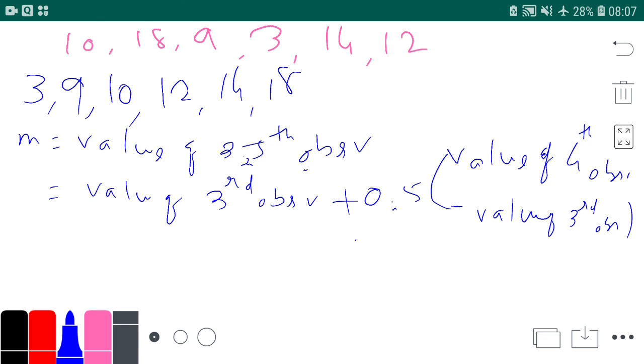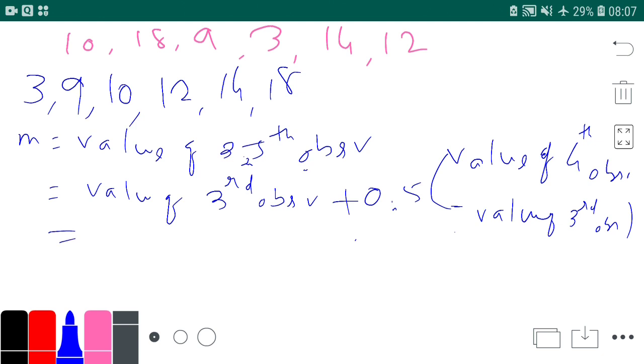Where did fourth and third come from? 3.5 is between 3 and 4. 4 is bigger, 3 is smaller, bigger minus smaller.